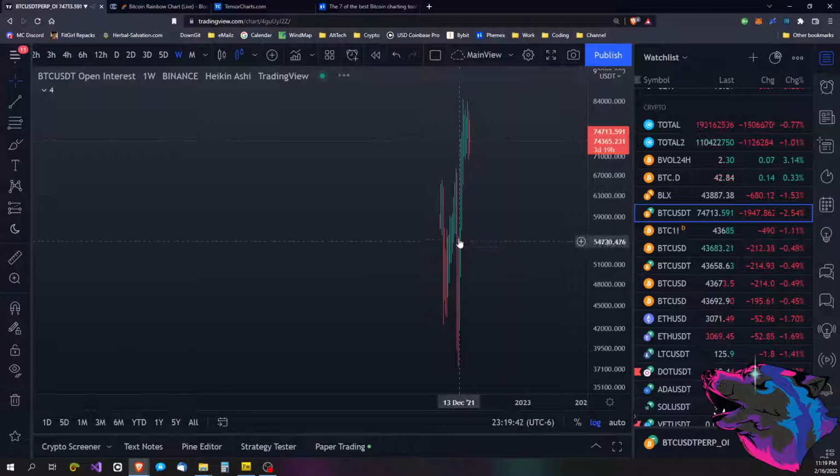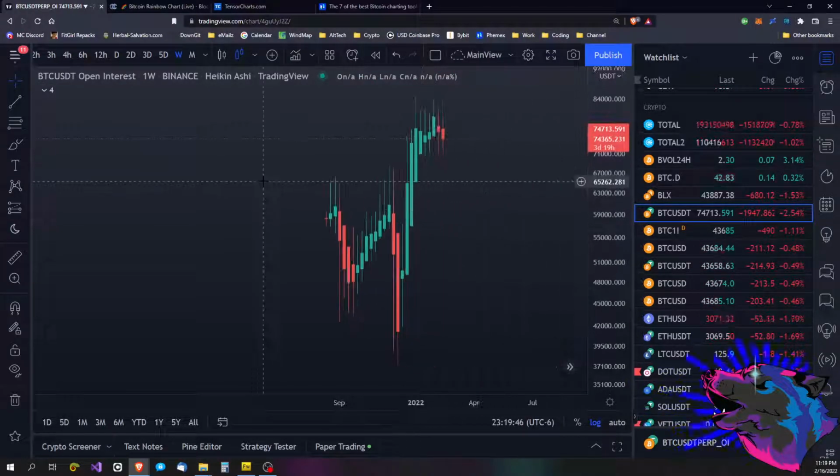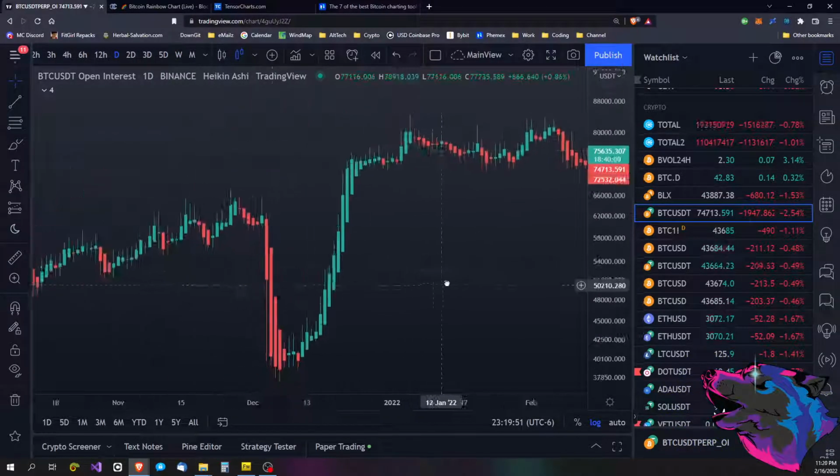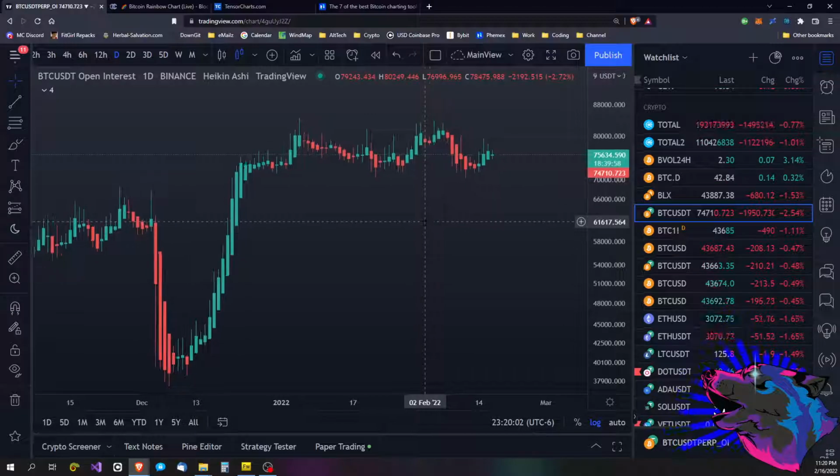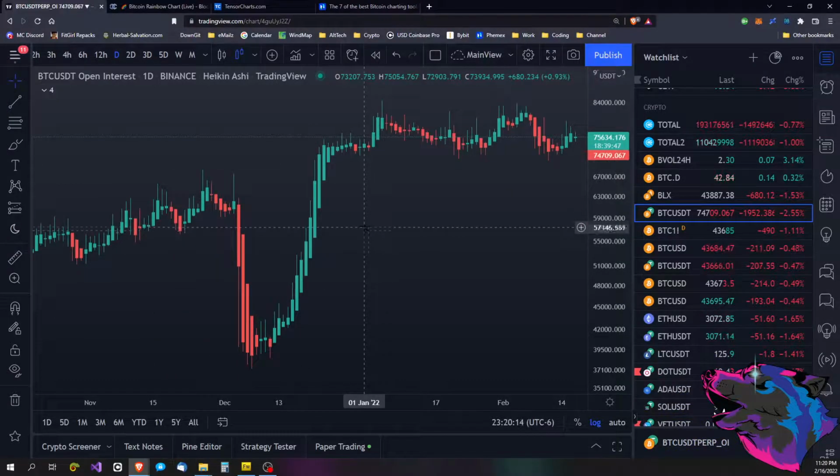And Bitcoin USDT open interest. This one is specific to Binance. Obviously open interest is active leverage trades. Because when you leverage trade, you're technically borrowing money, and when you borrow, they are collecting interest. So open interest, open leveraged trades.